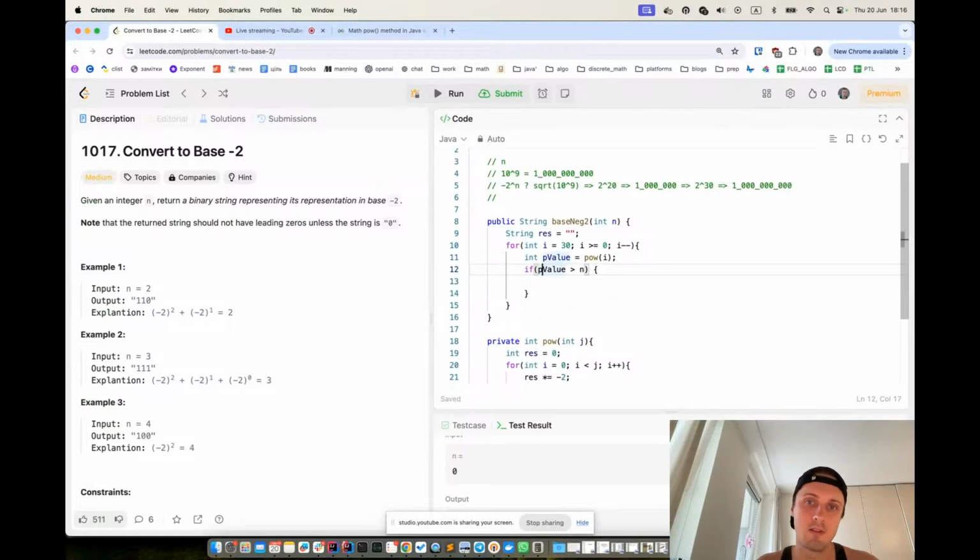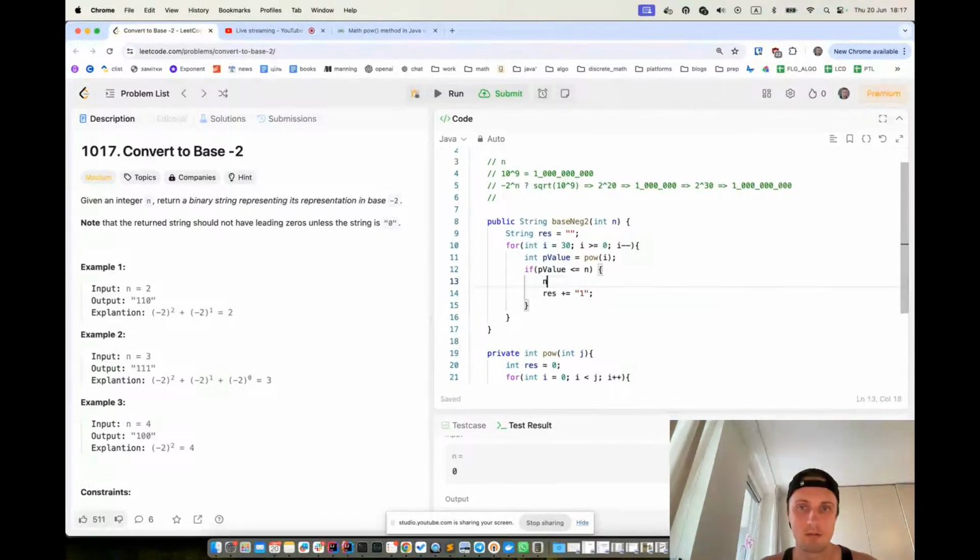Yeah, so if it's greater than n, then I do nothing, but if n is more or equal, then I add 1 to my result, and I decrement n by p-value.